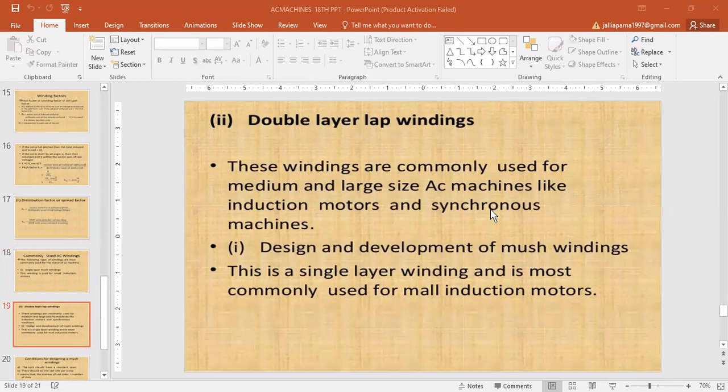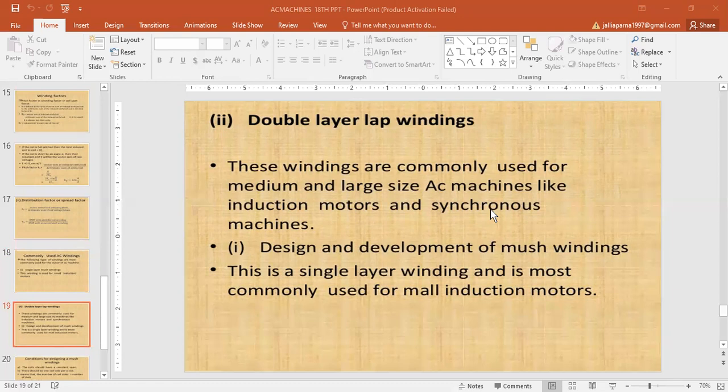Double layer lap winding. This winding is commonly used for medium and large size AC machines like induction motors and synchronous machines.